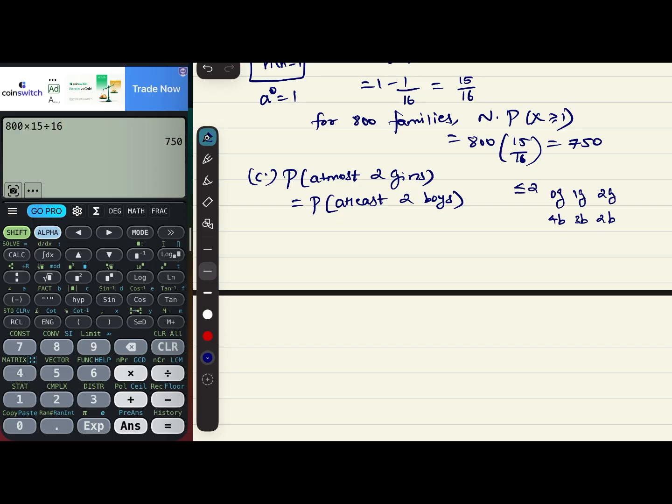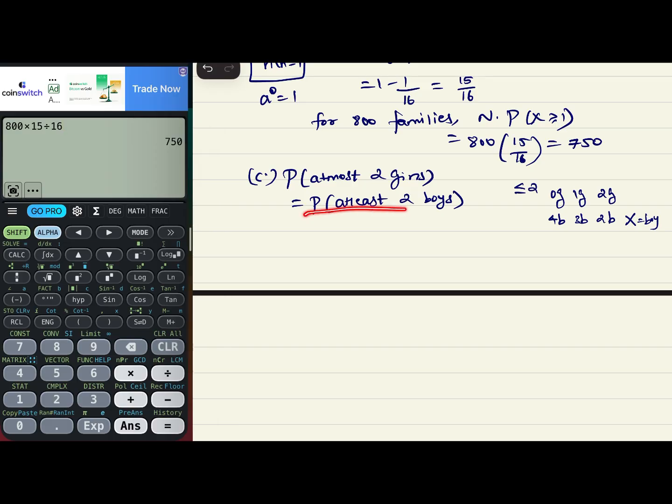So this at most two girls, we define the random variable x for birth of a boy, which is going to be your random variable. So x is birth of a boy. That's the reason I wrote in this way. Probability of at most two girls is probability of at least two boys.